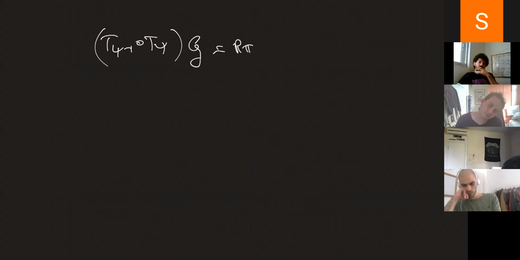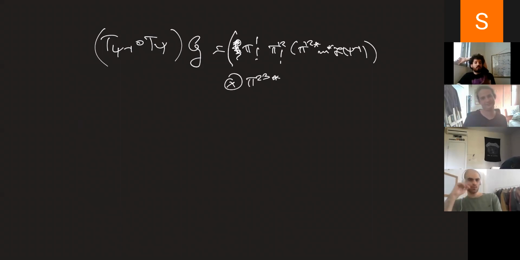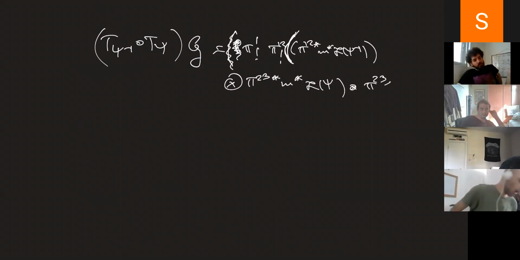This is like R pi lower shriek 1, pi 1,2 lower shriek of pi 1,2 upper star of m star L psi inverse, tensor pi 2,3 star, sorry, parentheses should start here, pi 2,3 star, m star L psi, tensor pi 2,3 star, pi 2 star g.